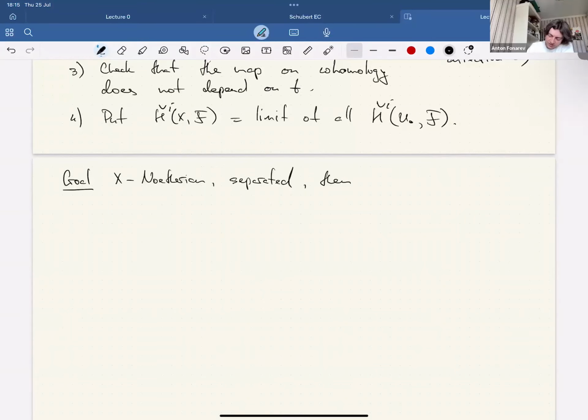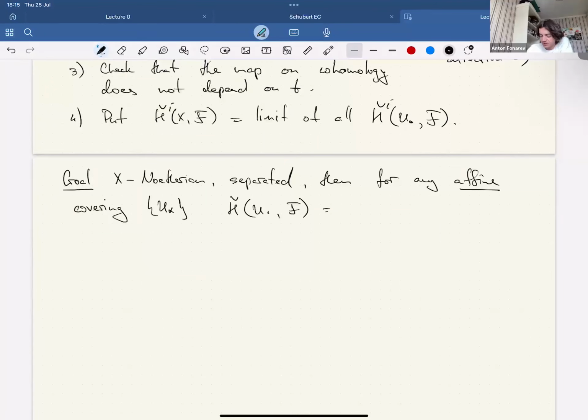Actually, for any affine covering, phi alpha, Čech cohomology Ȟ of U of F, where F is quasi-coherent, is the same as H of X of F for F quasi-coherent.